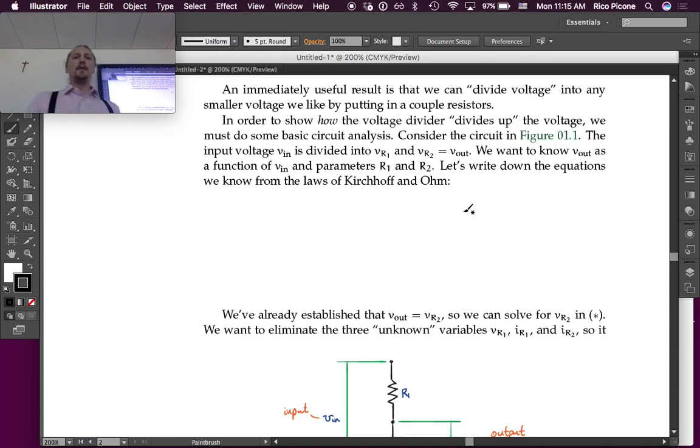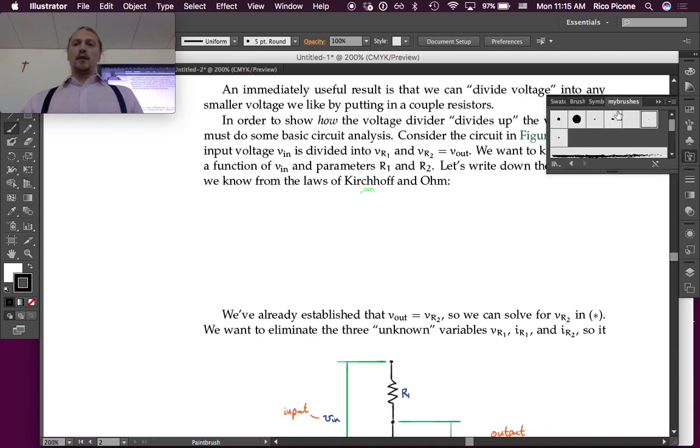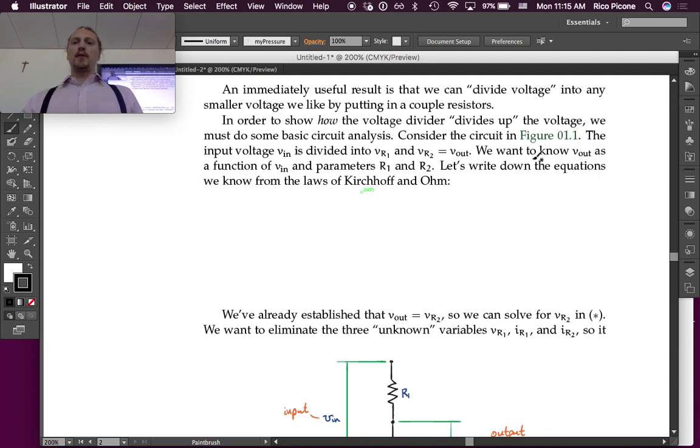So let's write down the equations we know from the laws of Kirchhoff and Ohm. So what is Kirchhoff's voltage law for resistor 1? The summation of current at any junction equals 0. Yes, although I asked you for Kirchhoff, but let's come back to that one. Let's do Ohm first, because that's what I wrote first. What is Ohm's law for resistor 1? VR1 equals what?